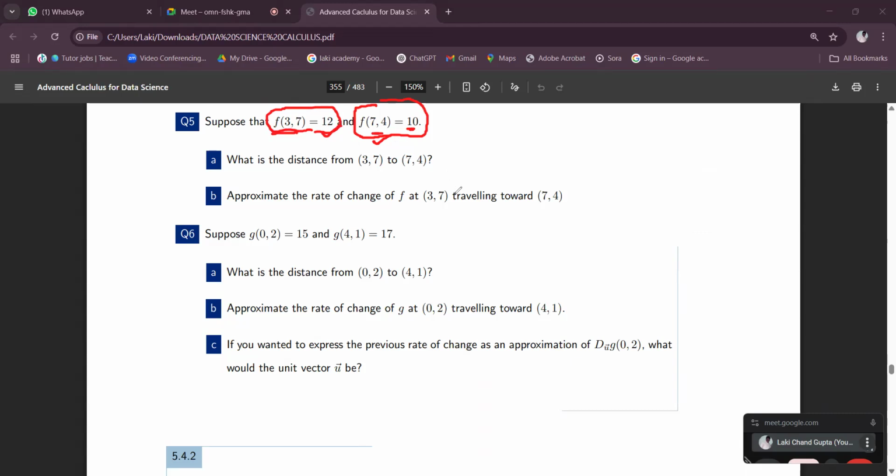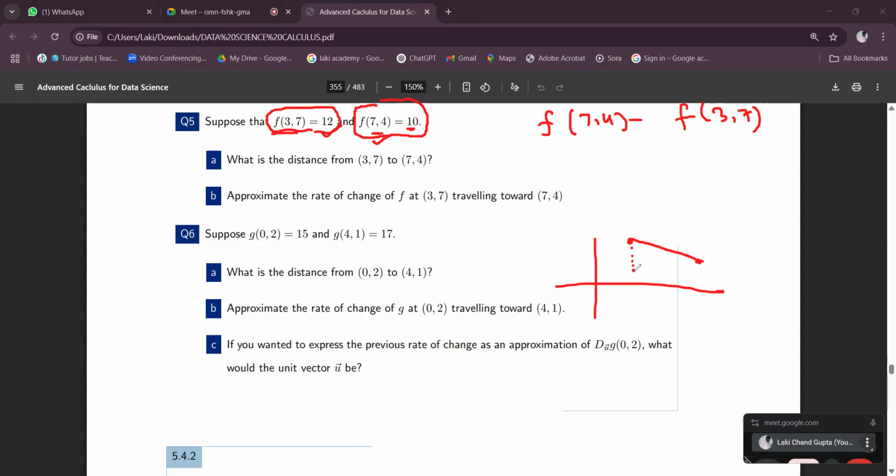So we need to find the derivative, the gradient of the function. Distance between two vectors: how can you find it, 7 comma 4 minus 3 comma 7? One point is 3 comma 7, and the second is 7 comma 4. So what is the distance between these?